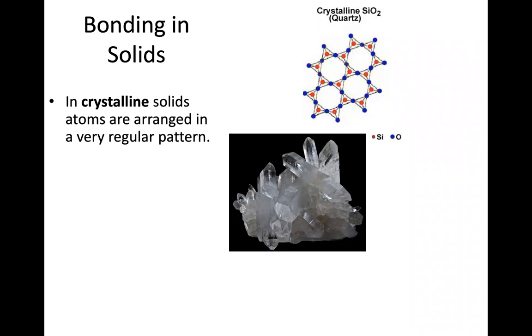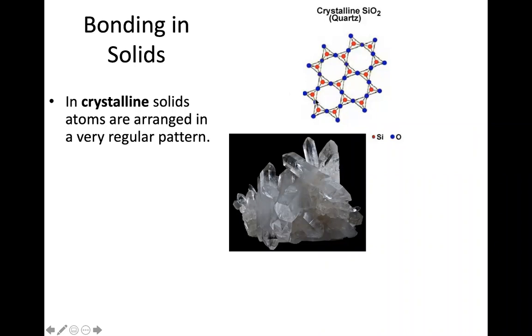It doesn't matter whether it's ionic, molecular, covalent network, or metallic, if they are crystalline, they all have a repeating pattern. This would be an example here for quartz, SiO2. So we see that symmetric shape that's repeating again and again. If it's crystalline, it has a repeating shape again and again.